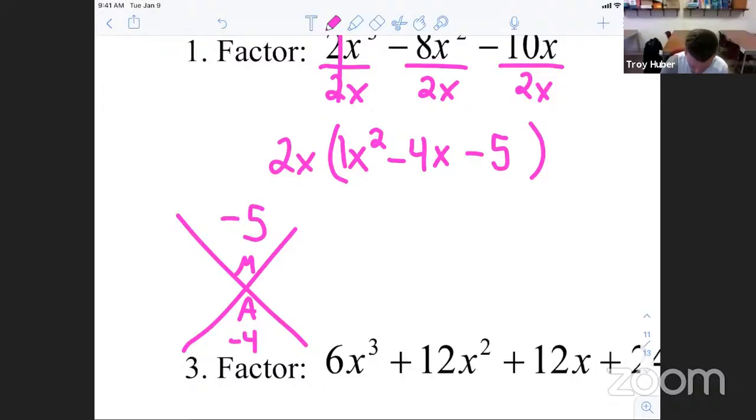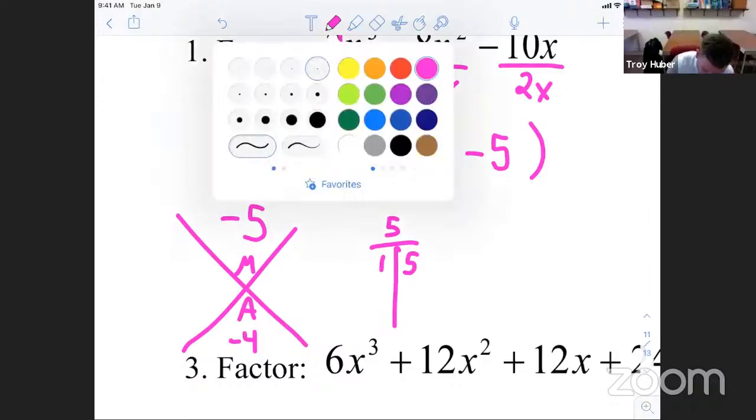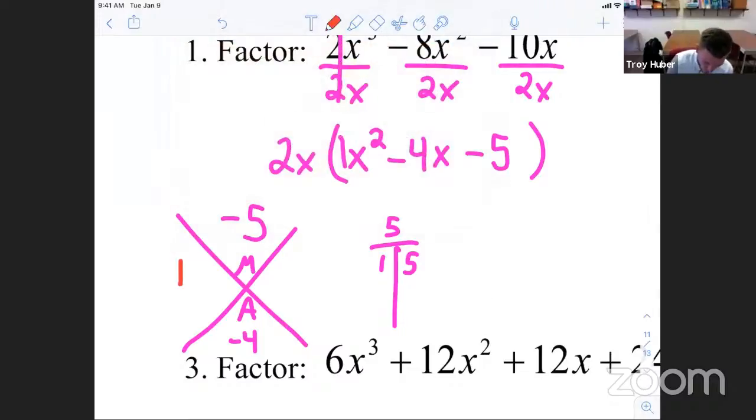I always make a little t-chart. I want to multiply to 5, so that would be 1 and 5. Those are your only factors. So we know it has to be some combination of 1 and 5 if this one is factorable. Notice we want to add to a negative 4, so I'm going to make this a negative 5, because negative 5 plus 1 is negative 4.